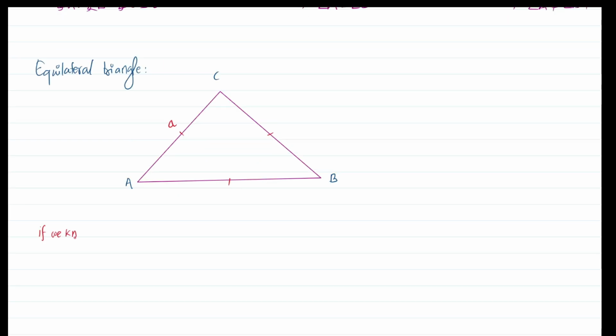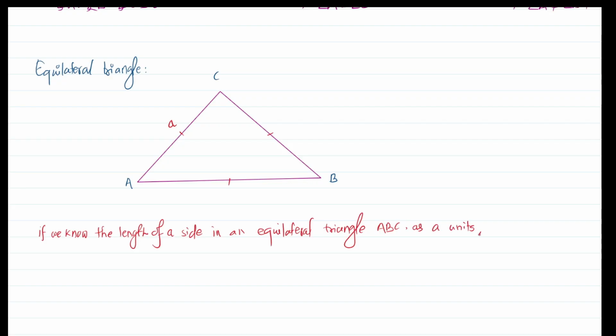If we know the length of a side in an equilateral triangle ABC as a unit, then find its area.